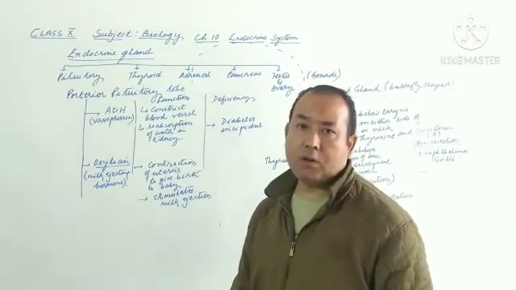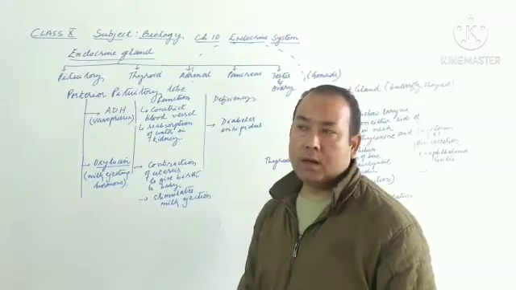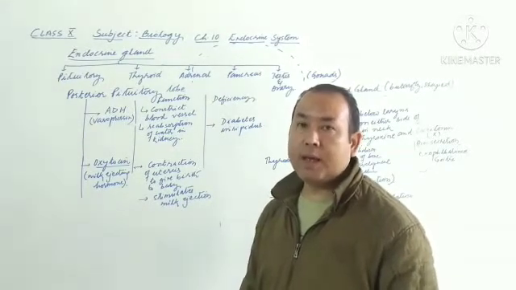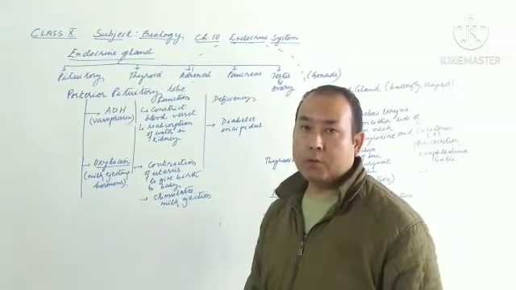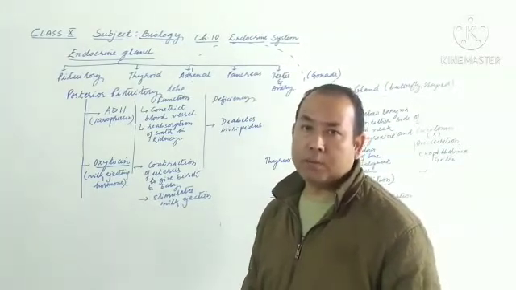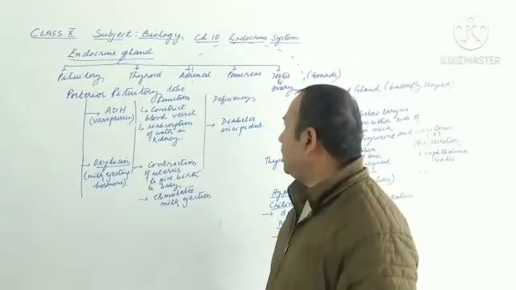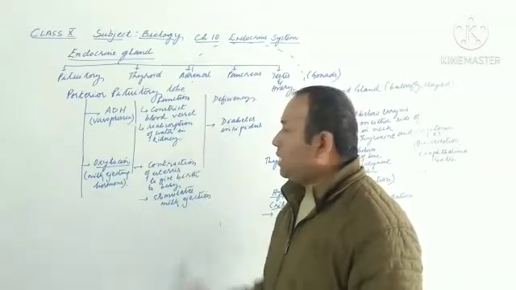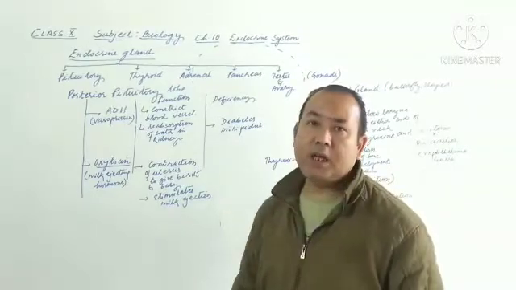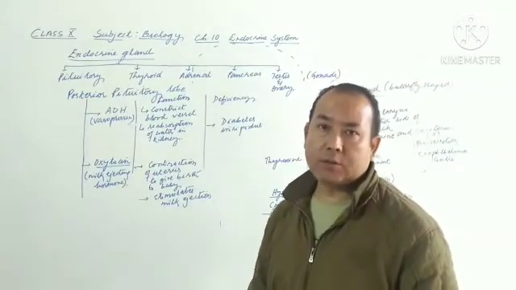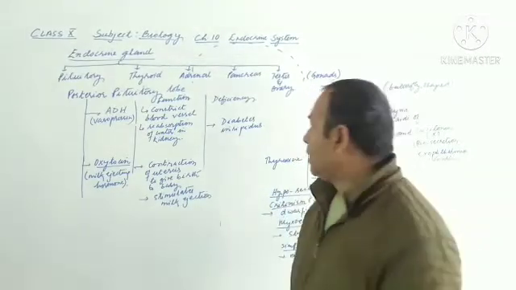Now this ADH hormone is also responsible for absorbing water. We have learned that it makes the DCT, distal convoluted tubule of the nephron, permeable to water, so a large amount of water is reabsorbed. So it helps in the reabsorption of water in the kidney. If this ADH is released in less quantity than required, then the person will suffer from diabetes insipidus, in which water will not be reabsorbed in the kidney.